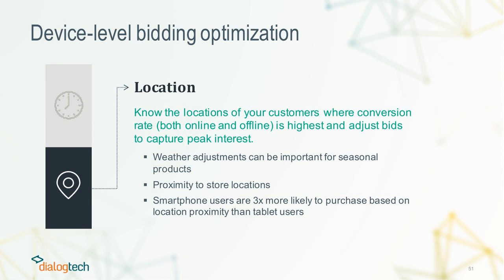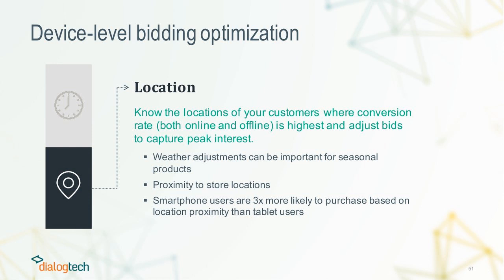And then the location. I find that this is one of the most underused segments, is location. Oftentimes we think that if we just target the United States, or if we just target this DMA, or if we just target a few of the top cities, we're fine. Every location is different, and some locations are going to be a top converter, some locations won't be.